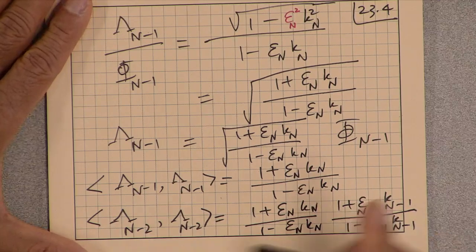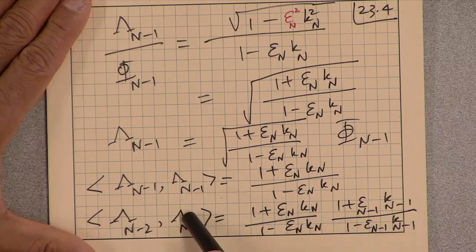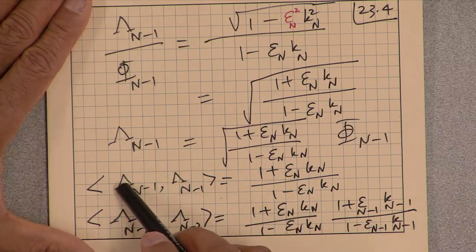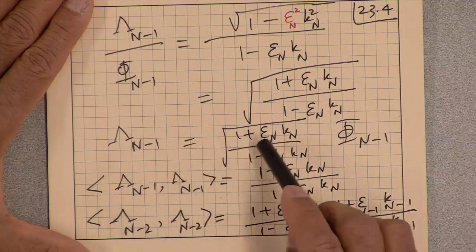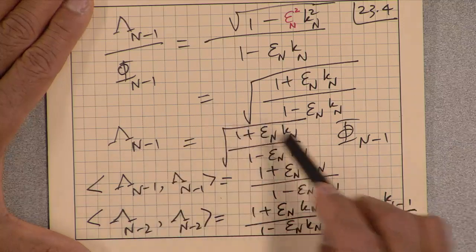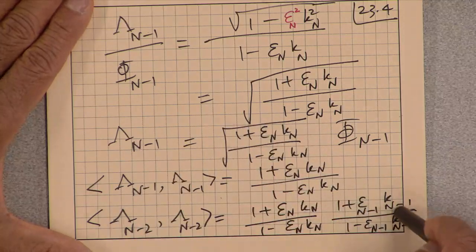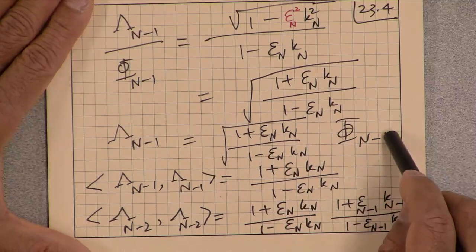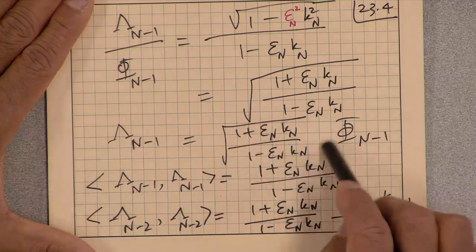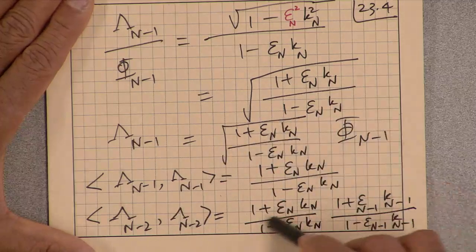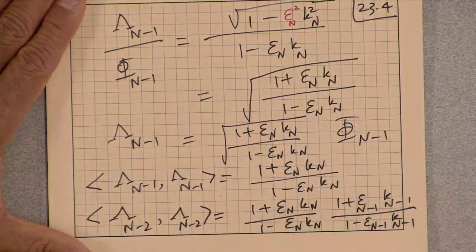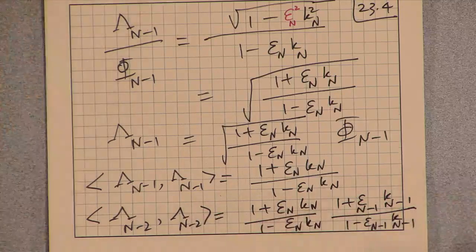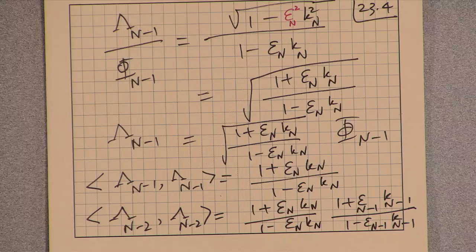So I have skipped a step. Essentially that step would have been lambda n minus 2 is equal to the square root of this quantity times the square root of that quantity times phi n minus 2, and then taking the inner product and taking the square of this, that inner product is 1, we get that thing. And you can now write down a similar expression all the way up to lambda 0.